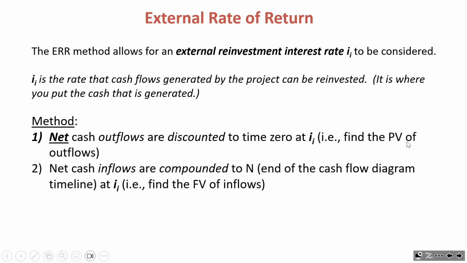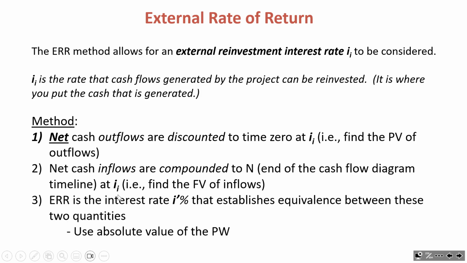Then next, you find the future value of the inflows. So any of the money that you're receiving during a certain study period, you compound to the end of the cash flow diagram, and you're using this known interest rate. The external reinvestment rate is always a given. That's known, I sub I.